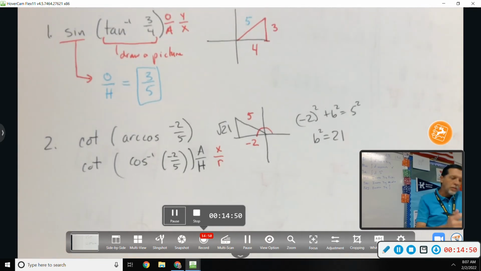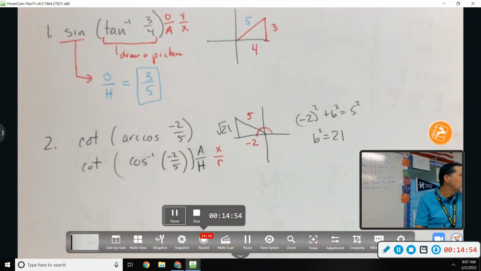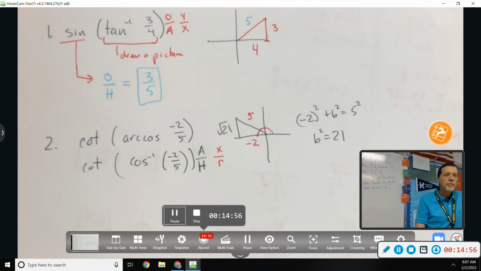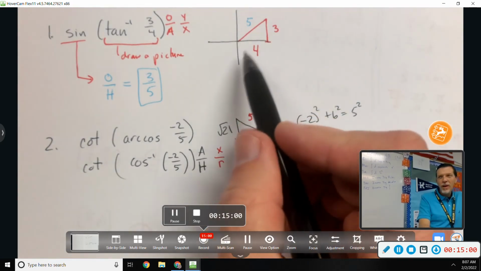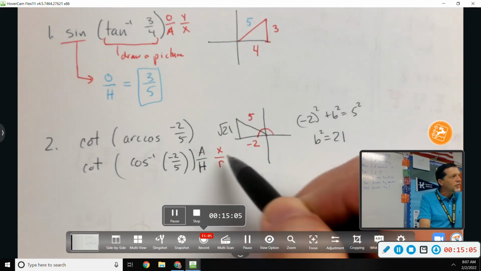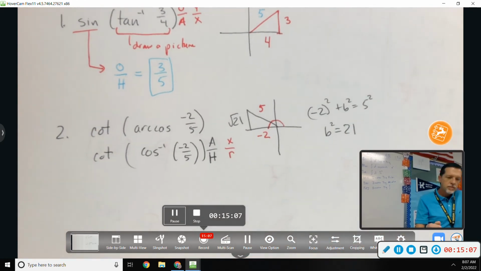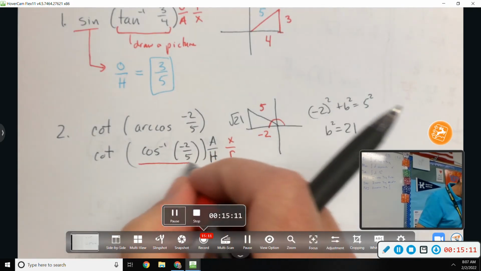Well, that wasn't a 3. If that was a 3, then it'd be a 3, 4, 5. It's a 2, so it messes up the pattern. So sometimes we give you nice ones where it fits the pattern and it's easy. Other times we force you to do a little bit of Pythagorean theorem to find the missing side. All right, so we've drawn our picture based on the inside information.